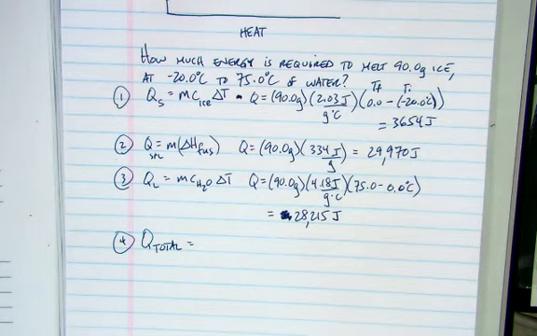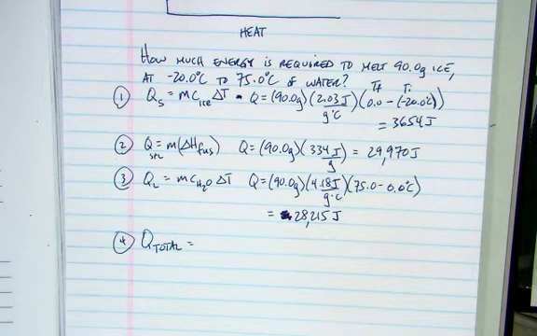Now, if I want to know how much heat it took to go from negative 20 all the way up to 75 degrees, what we want to do, maybe I'll ask you guys, how do we want to do that? We're going to add them all up. Excellent. We're going to add them all up.